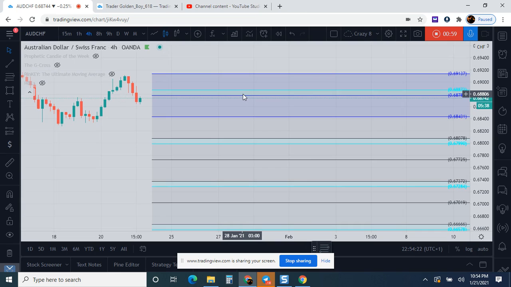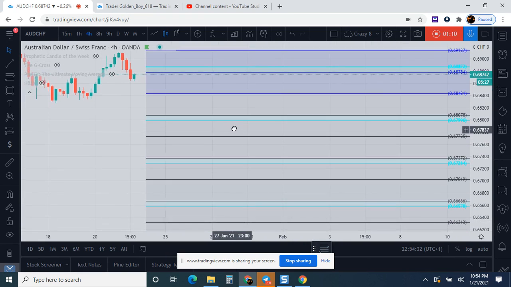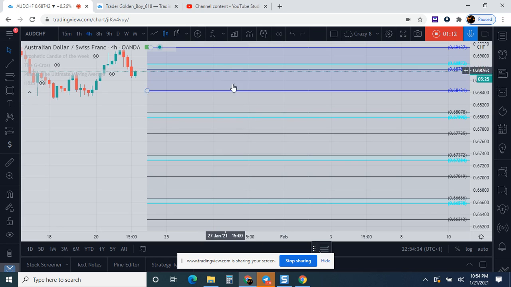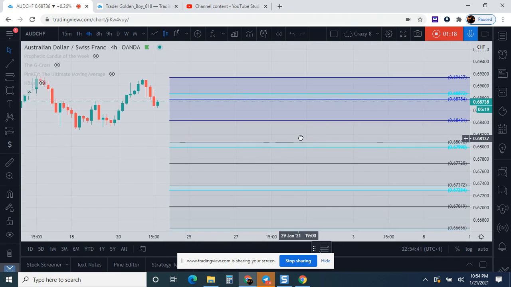We call that our preferred entry. And we have similar aqua zones equidistant from one another. Those are take profit points. So this will basically be take profit 1, take profit 2, take profit 3, and like that, right?